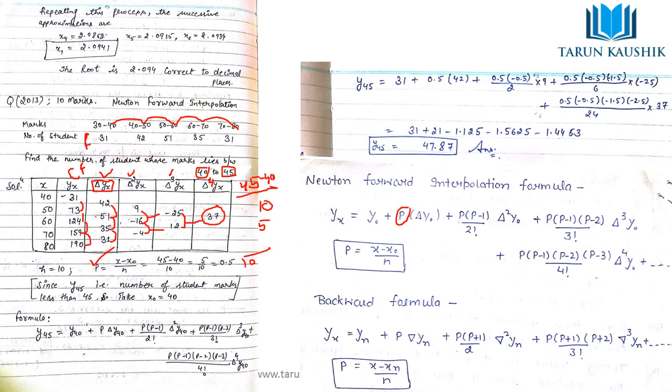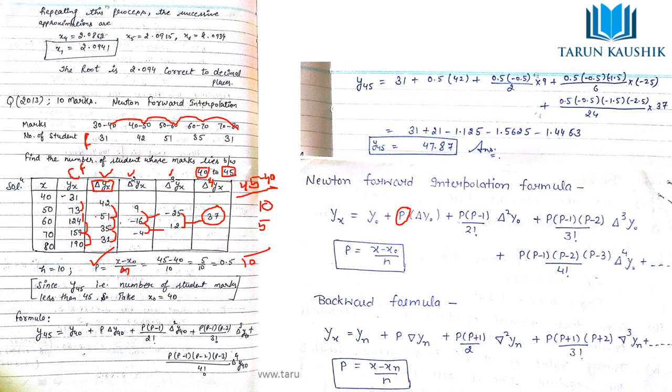You will be thinking, what is this P? This P is x minus x naught divided by h. That's the interval. Okay, this is the interval h. So why have I taken this P? P has been taken for that gap, x minus x naught divided by h.